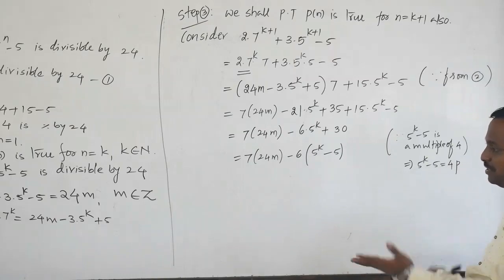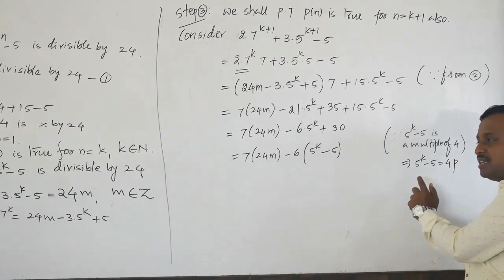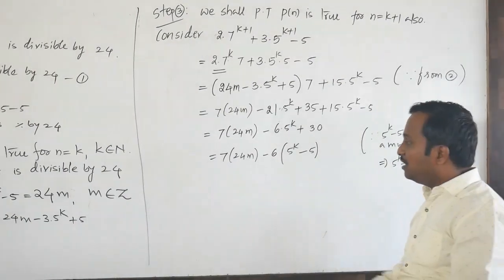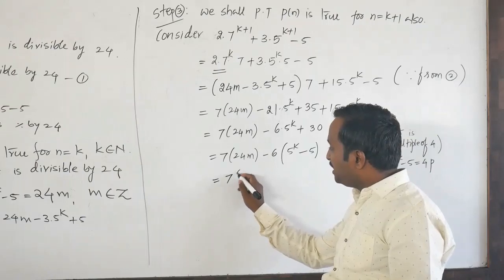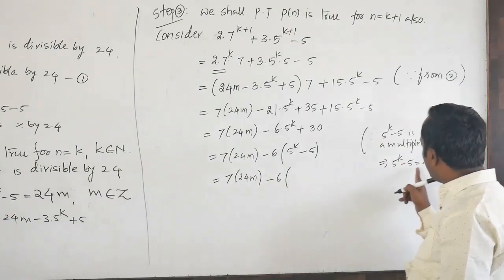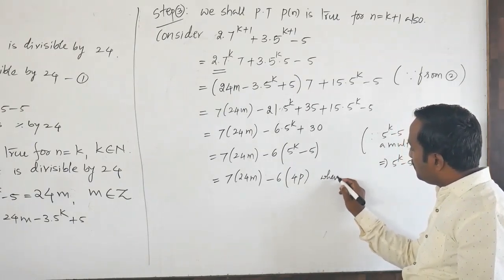You can write this; this is the main point. If you are not getting this idea, just recall what was said before we started this problem. So 7 into 24m minus 6 into 4p, where p is an integer.